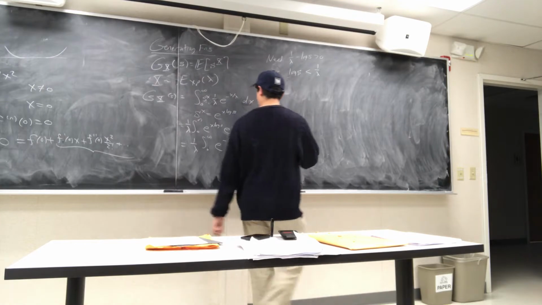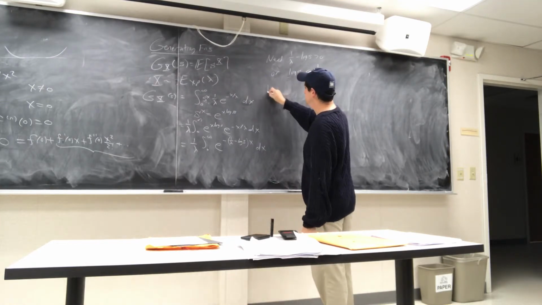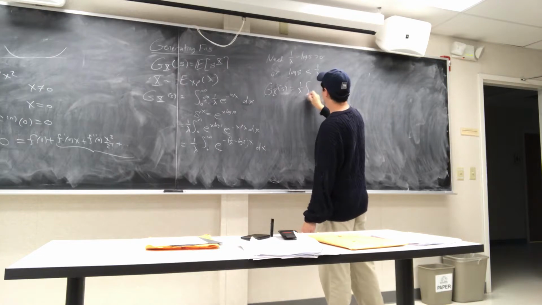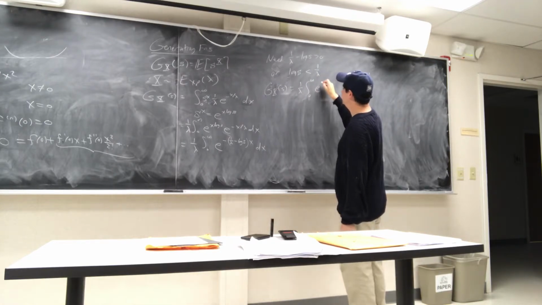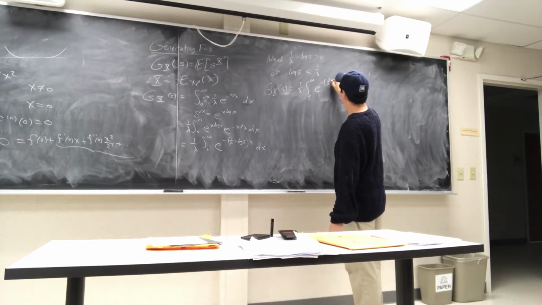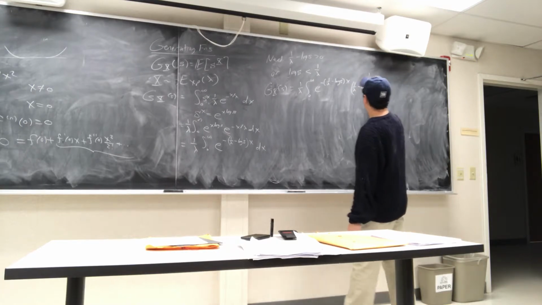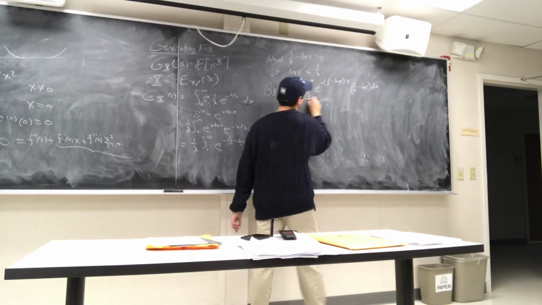So what we can do is say the generating function at s is 1 over lambda, integral from 0 to infinity, e to the negative 1 over lambda minus the log of s times x. Then I multiply by 1 over lambda minus log of s dx, and I divide by that outside.